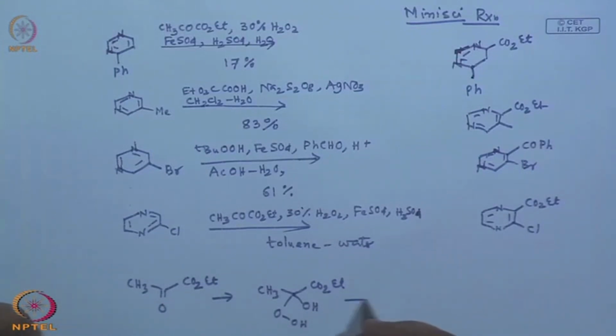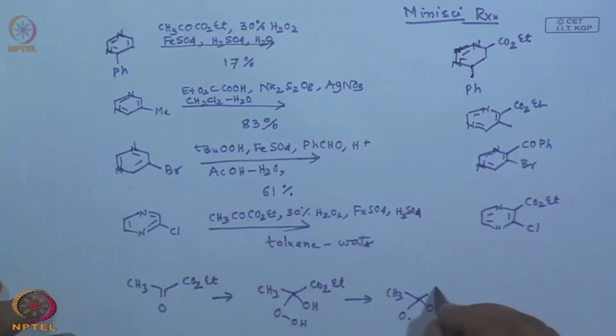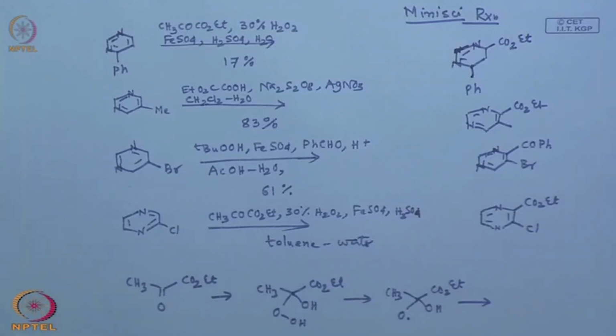and then all of us know what can happen next. The peroxide linkage would be broken. So, you will have oxygen up here, and then you have a carboxylic ester here. What next? This radical goes to this and the ester group comes here.